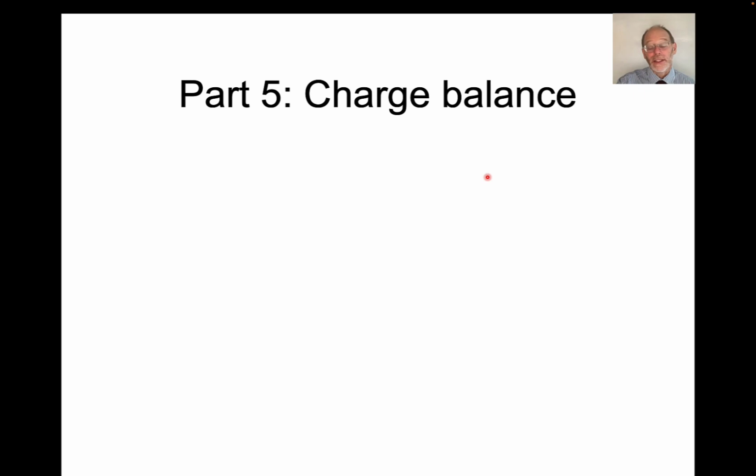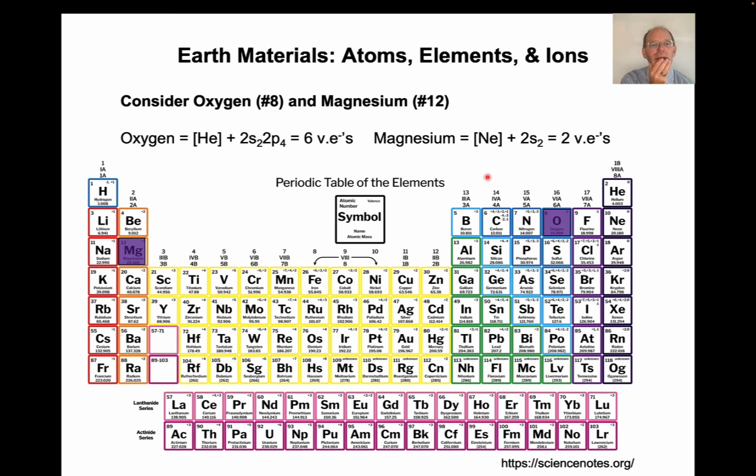Now, charge balance. I use charge balance all the time in determining mineral formulas and thinking about reactions and mineral chemistry. So consider oxygen and magnesium. Oxygen sits over here. Oxygen has 6 valence electrons. It has a helium core plus 2s2 and 2p4.